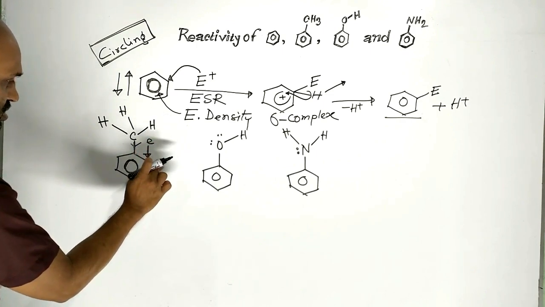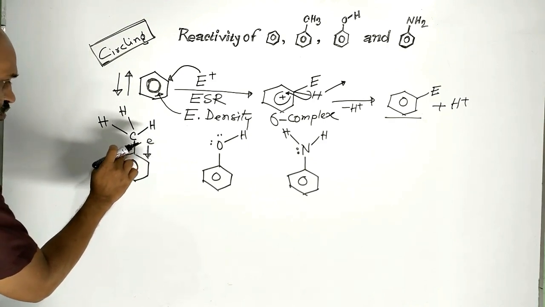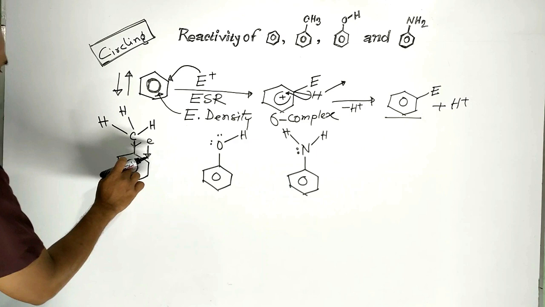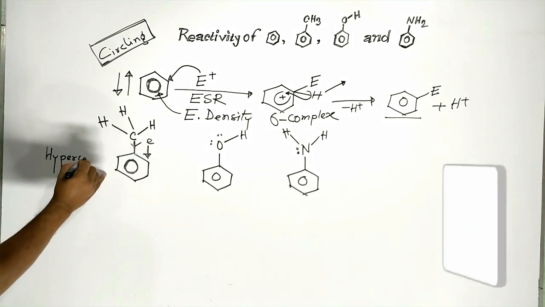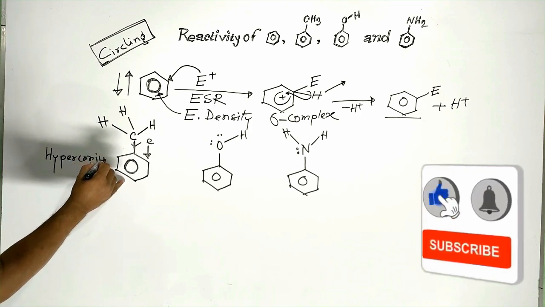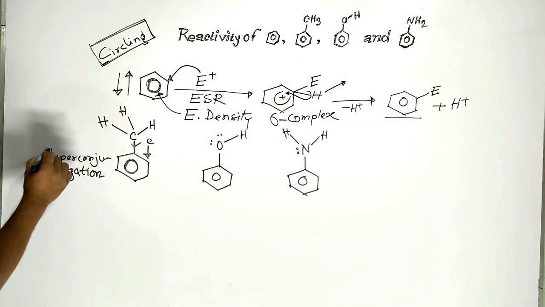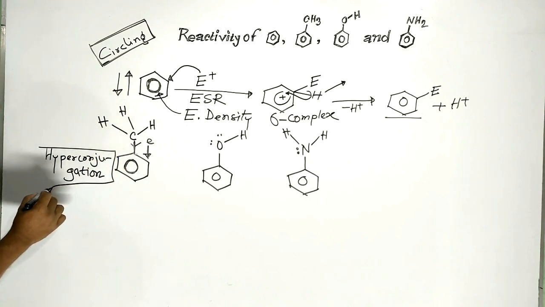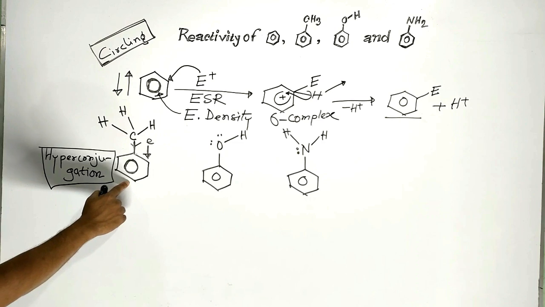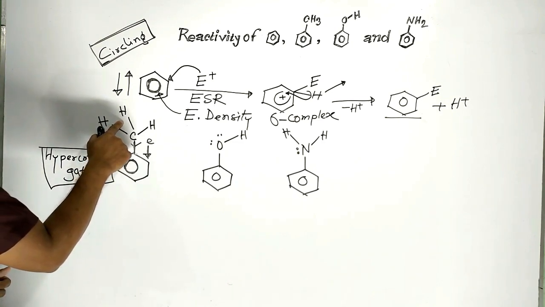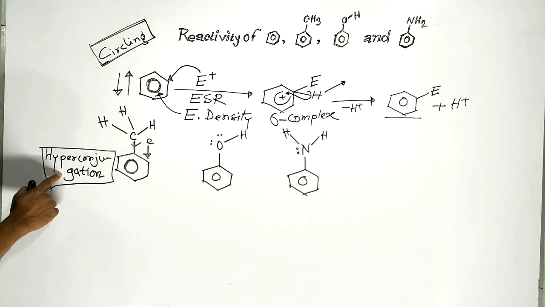This is number one. Number two, methyl group is electron donating group to the benzene ring through hyperconjugation. It has been discussed in detail in the Toluene section. That is, methyl group donates electron to the benzene ring through hyperconjugation.